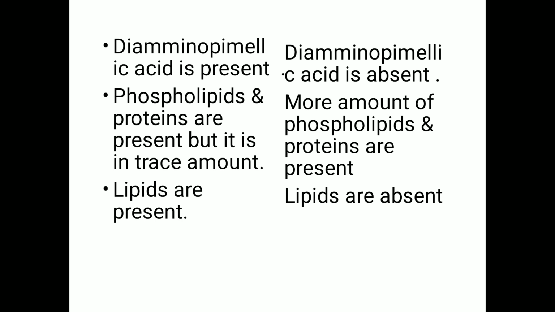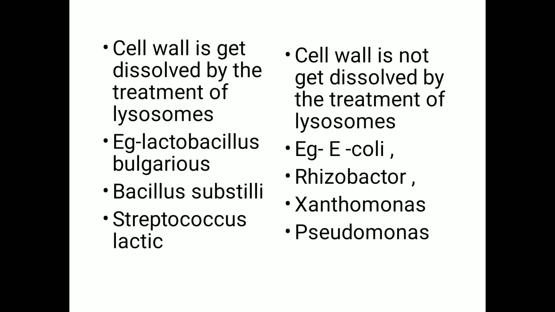Then in gram positive bacteria, phospholipids, proteins and lipids are present, but in trace amounts, or in less amount. But in gram negative bacteria, a larger amount of phospholipids, proteins and lipids is present. So these are the differences.